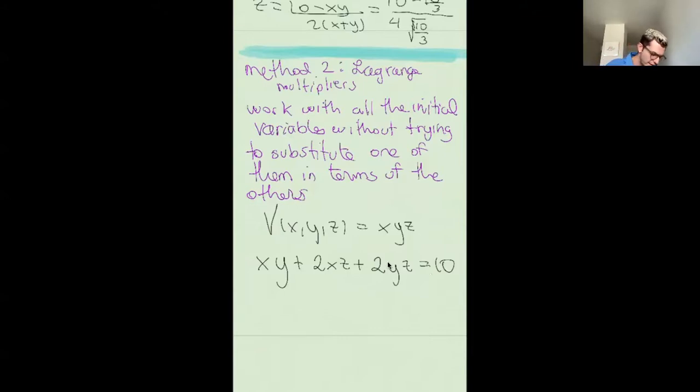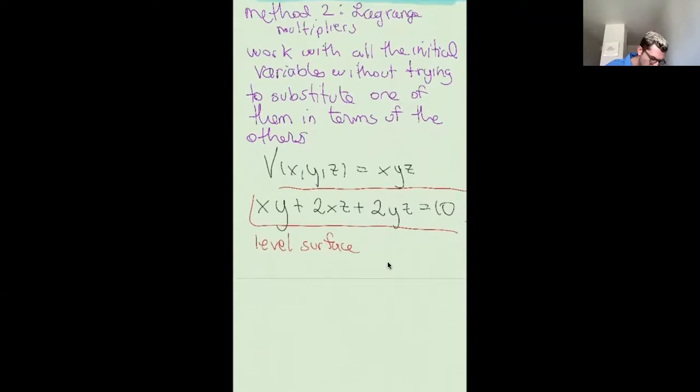This is the level surface of g of x, y, z equals xy plus 2xz plus 2yz, right?